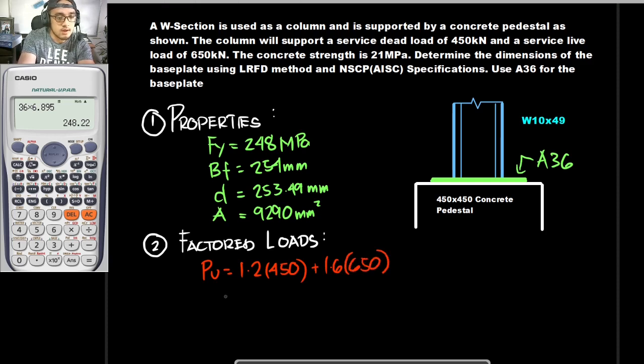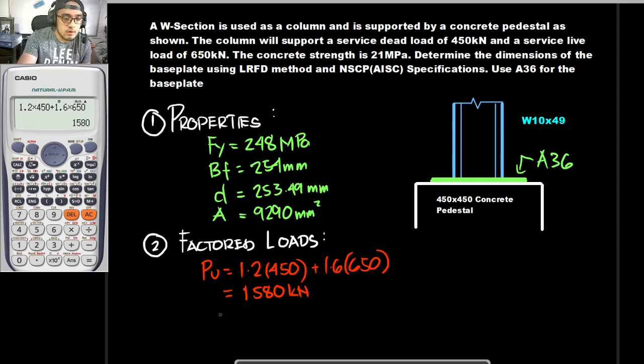So our answer here would be, 1.2 times 450 plus 1.6 times 650, 1580. So 1580 kilonewtons. So that is to be for the first load factors.